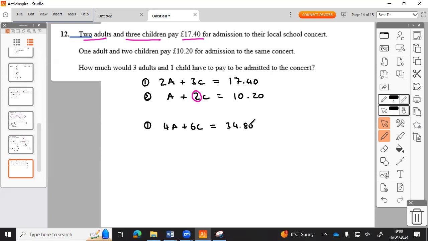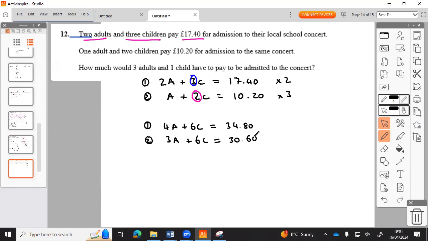We'll multiply that by 2, and then I'm multiplying the second equation by 3, because of that number in front. By doing that, I'm getting 3a plus 6c. 3 times £10.20 is going to give me £30.60.